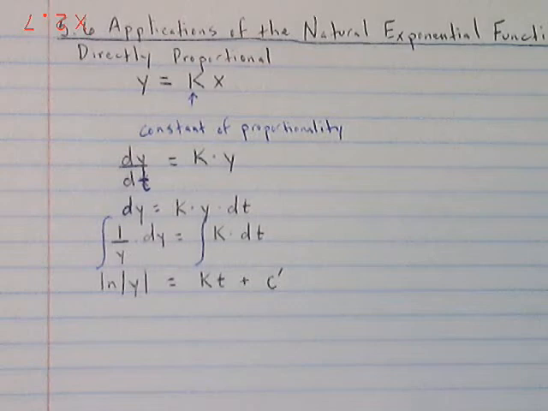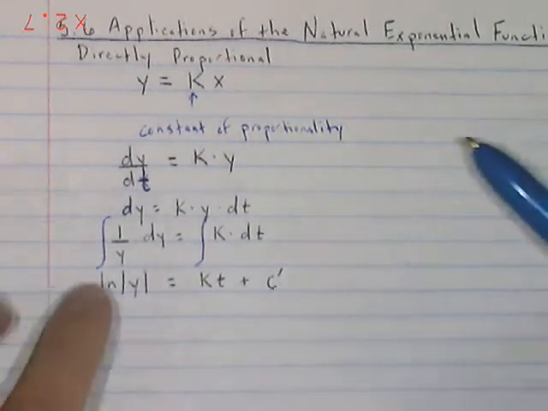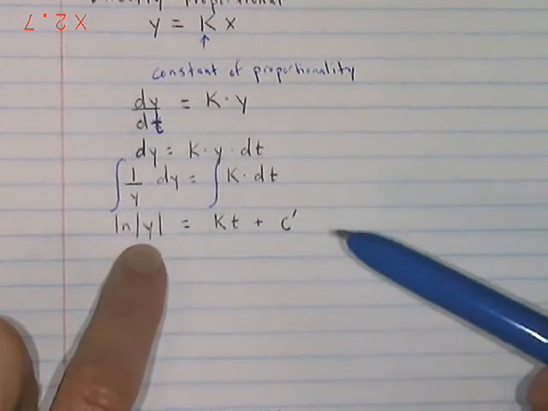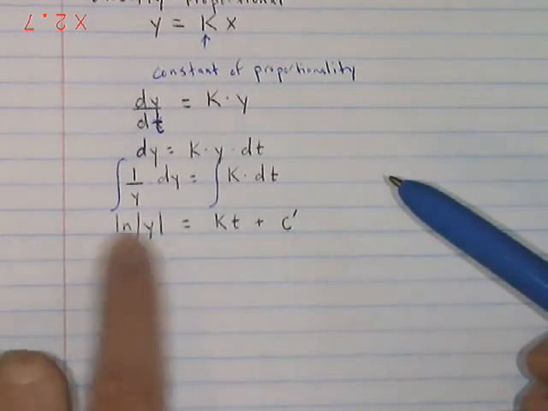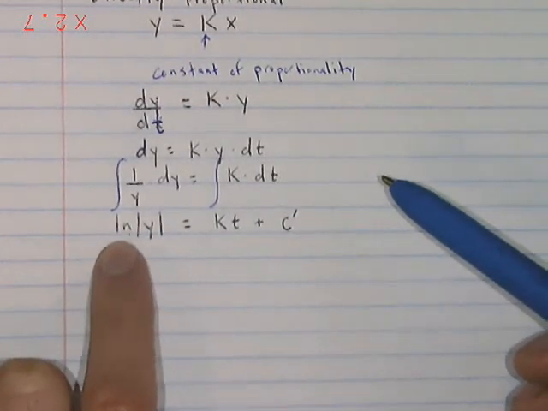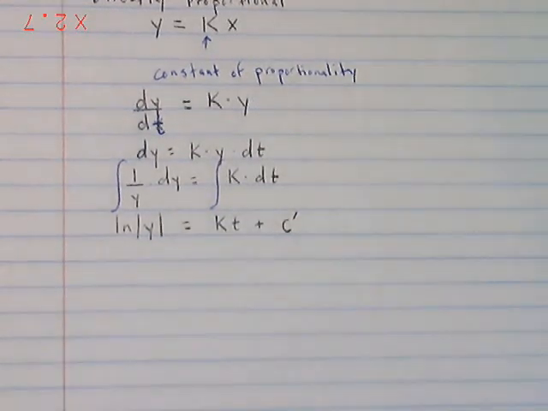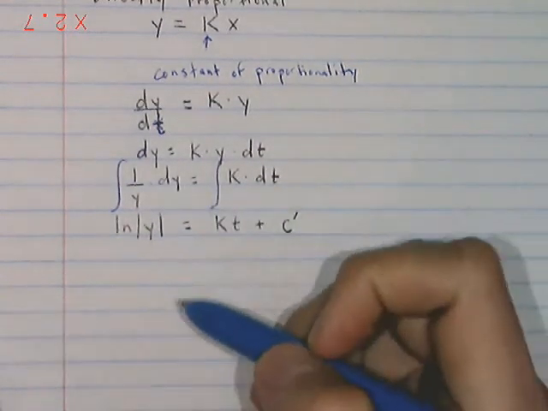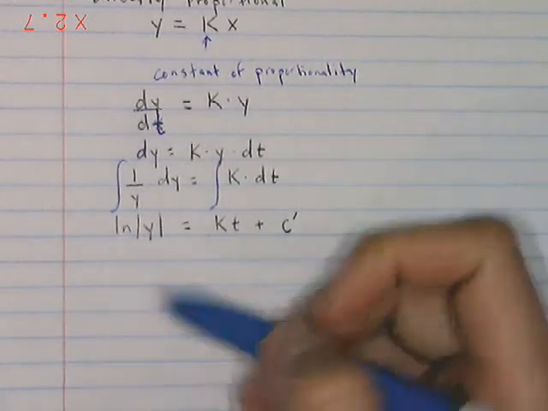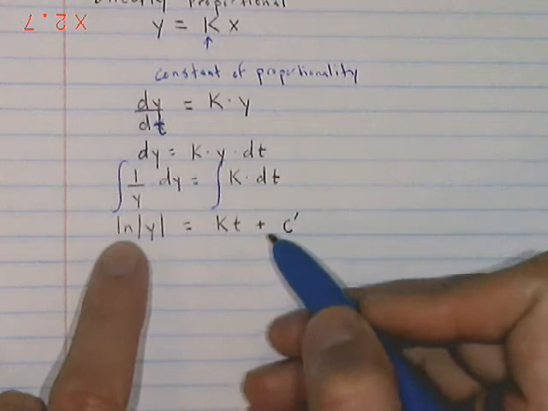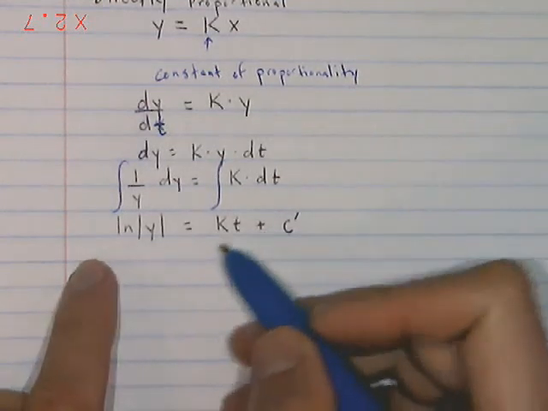Okay, so where is this leading? Well, we want to come up with a rule for y, but y is currently trapped inside of this ln, but we have a pretty foolproof way of getting things out of the ln, and that is with its inverse, the natural exponential function. And so we can pull this kind of crazy move where we're going to make both sides of our equation the exponents on e.